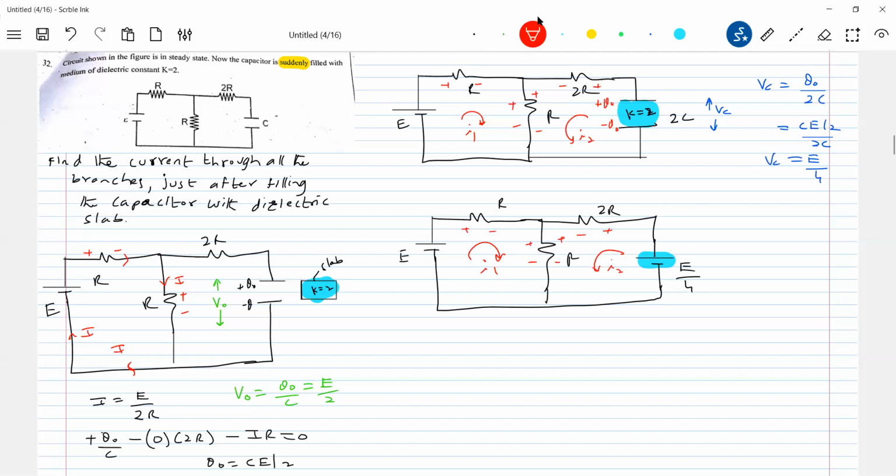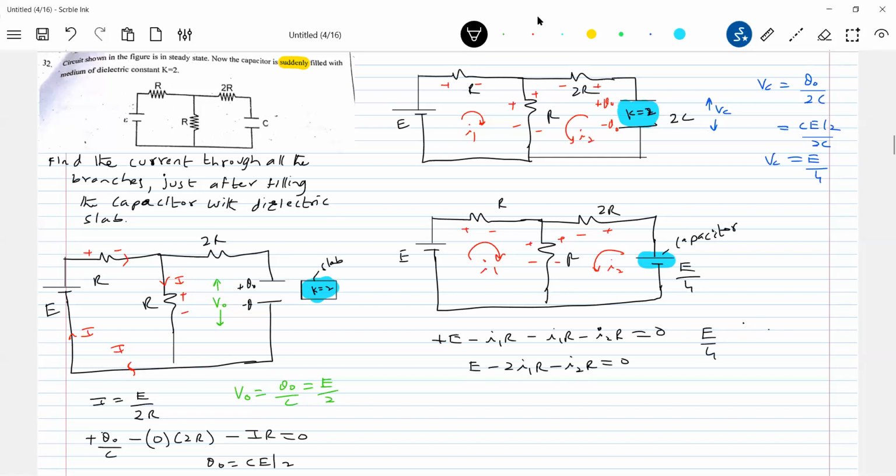So write down the equation. This will be plus E minus I1R minus I1R. So E minus 2I1R minus I2R equal 0. One more loop equation on this side. E minus I1R, and for the branch where the capacitor is, the equivalent cell is what I'm showing.